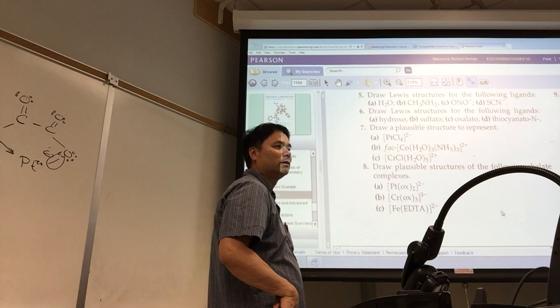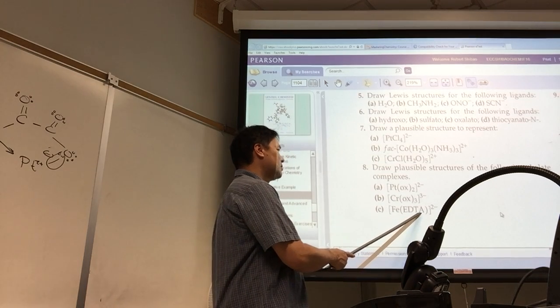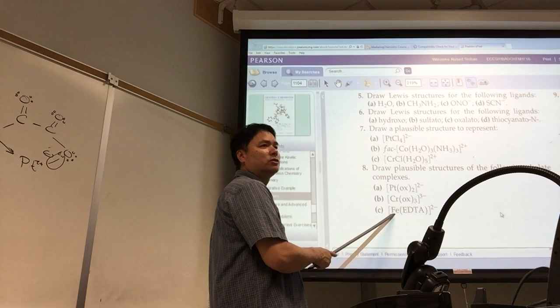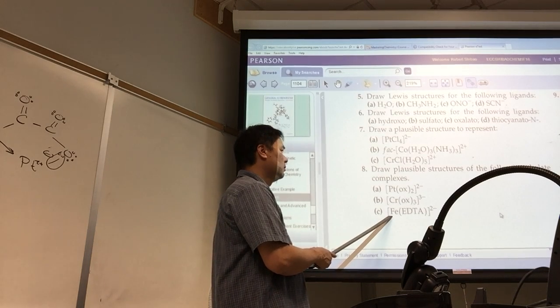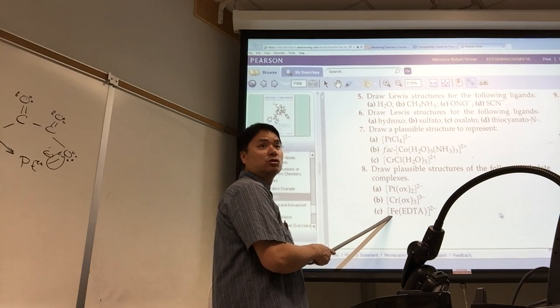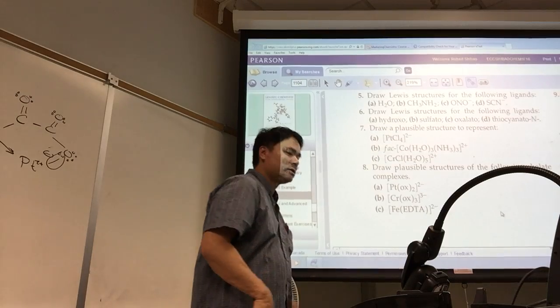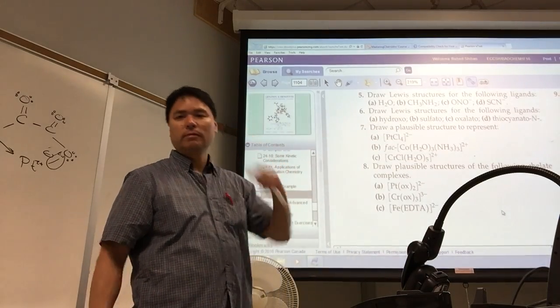What do you call it? Ferrate. And so this would be ethylene diamine tetraacetato ferrate, and the charge on iron would be, it's got to be +2. So ethylene diamine tetraacetato, Roman numeral 2.